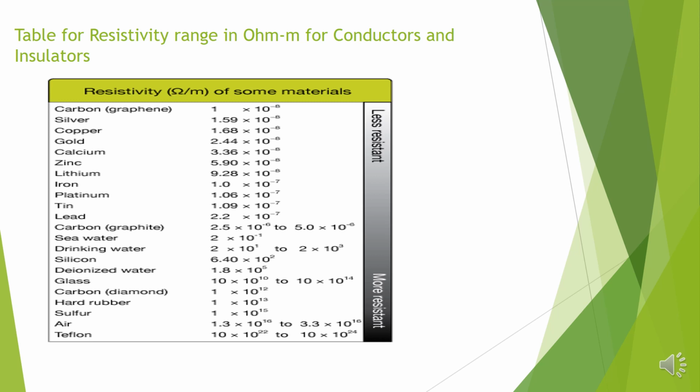Those which have 10 to the power minus 8, minus 7, these are good conductors, less resistant. And if you see that it is 10 to the power 14, 10 to the power 24, these are insulators, bad conductors. This type of question is asked.